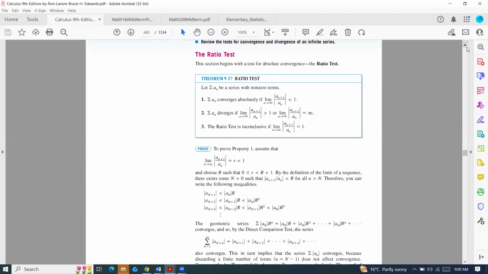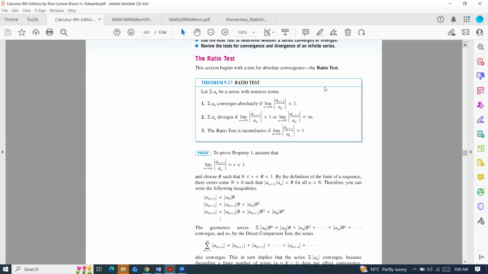So we take the quotient of the next term and the previous term and see if it's less than 1, then the series is convergent. And it's convergent absolutely. And if the ratio is greater than 1, it's divergent absolutely, but may converge conditionally.